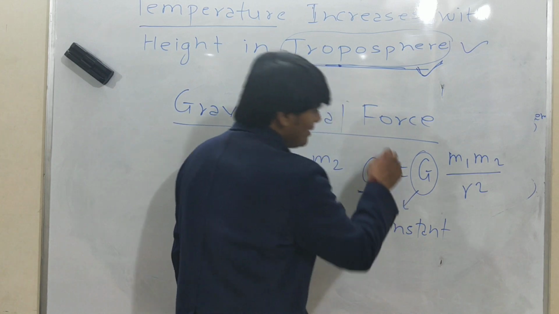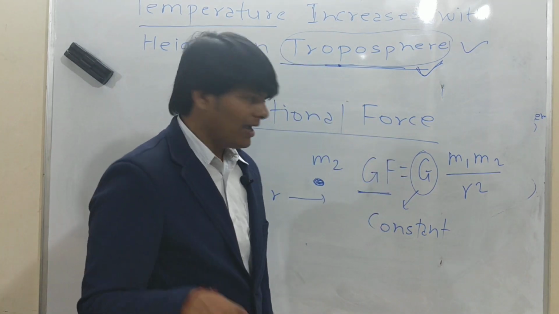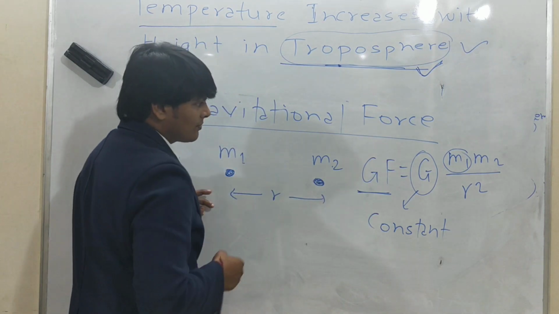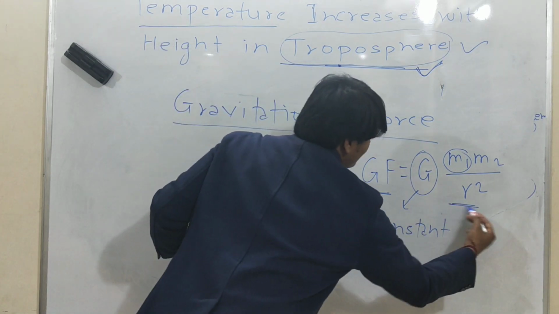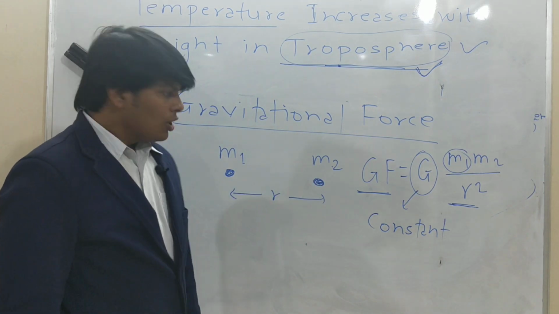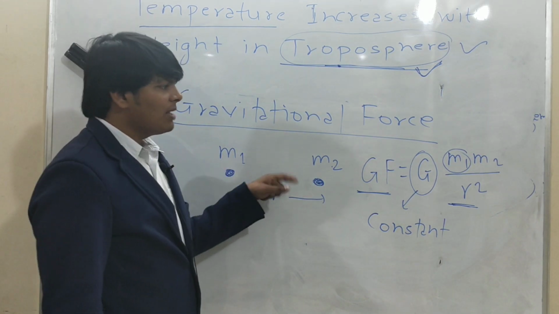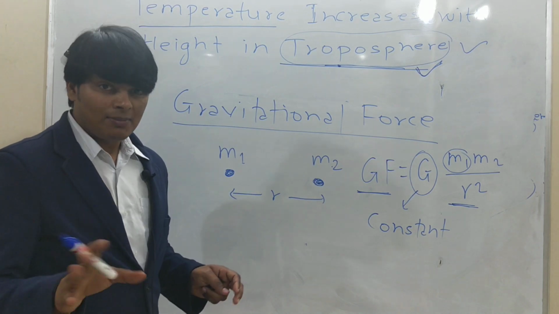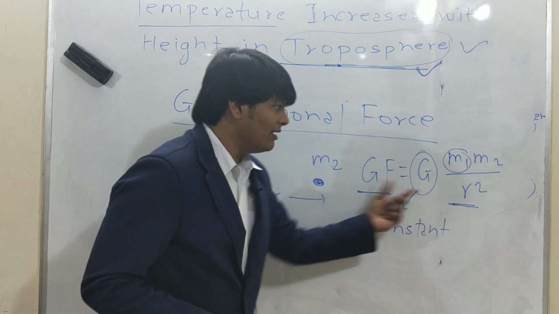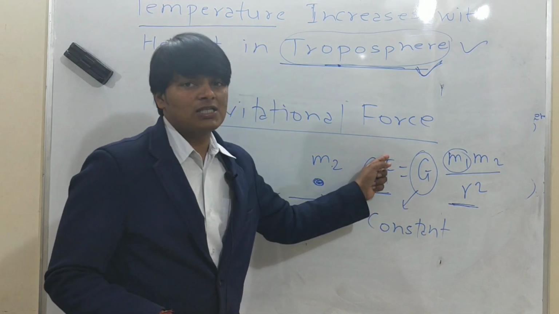What determines the gravitational force? The mass of the particles and the distance between them determine the gravitational force. The mass of the particle determines the gravitational force, and on the other hand the distance also determines the value of the gravitational force.